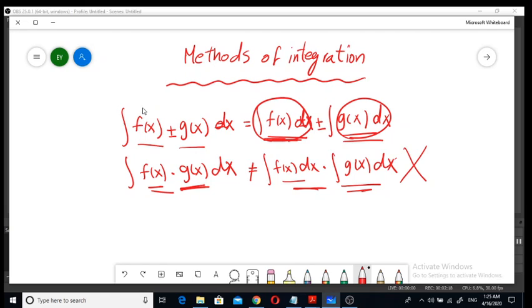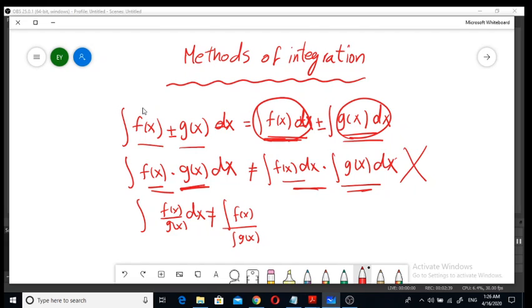And also in the quotient of two functions, f of x over g of x, the integral of the quotient of two functions is not equal to the integral of f of x over the integral of g of x.